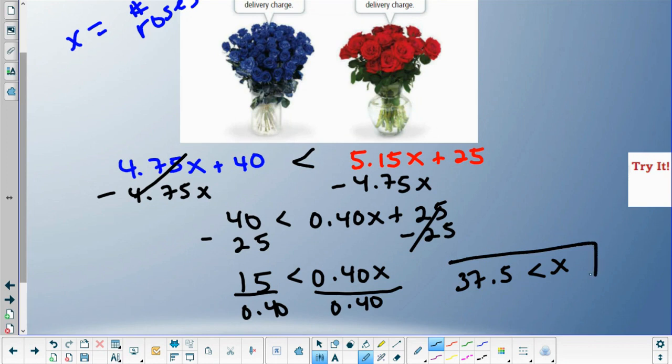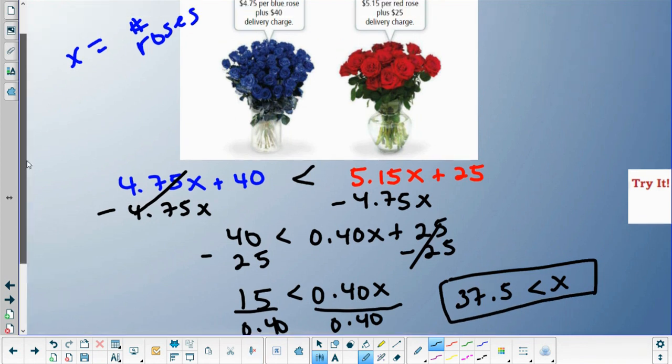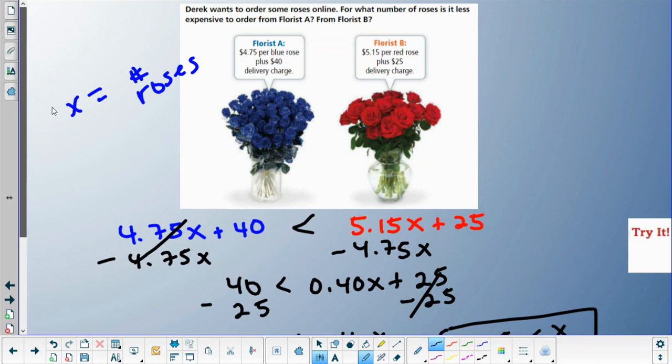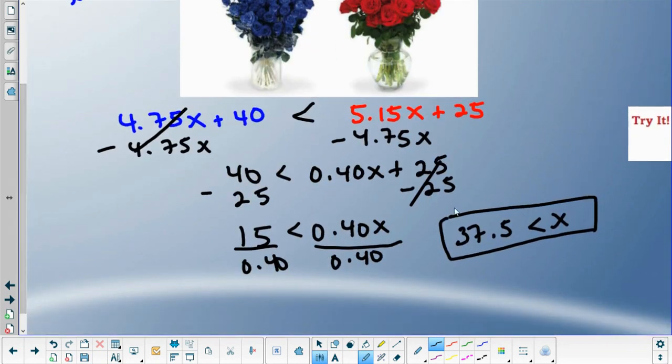Here is where a lot of people stop, but there is one more step that we need to keep on going with. We need to make sure we answer the question. If you go back and look at the question, it says, for what number of roses is it less expensive to order from florist A? Well, we got a decimal, and we can't buy half of a rose. That doesn't make sense.